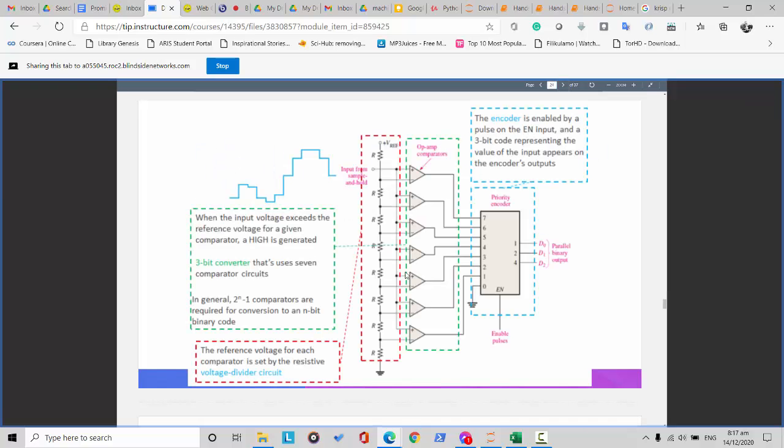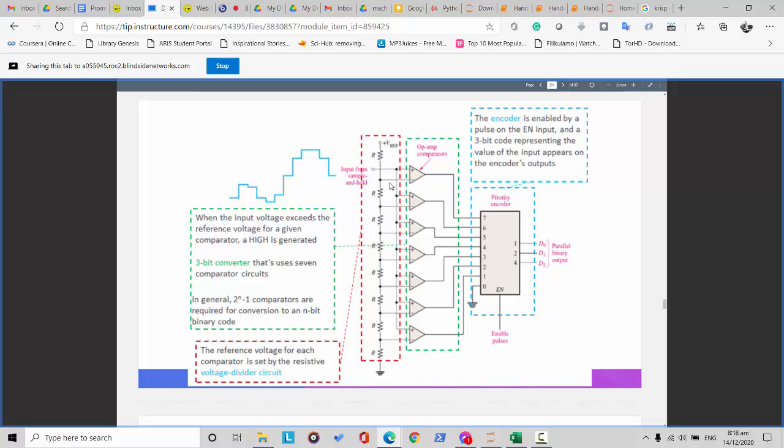From the example here, you can see the operational comparators are in the middle of everything, and they are connected to some inputs. These inputs are coming from the sample and hold circuit. When the input voltage exceeds the reference voltage for a given comparator, a high is generated.